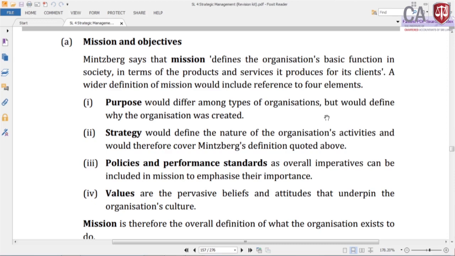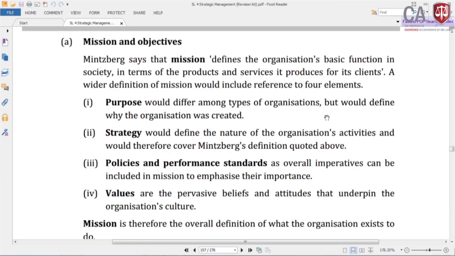The third element, policies and performance standard. Policies and performance standard as overall imperatives can be included in mission to emphasize their importance. Values. Values are the pervasive belief and attitudes that underpin the organization culture.